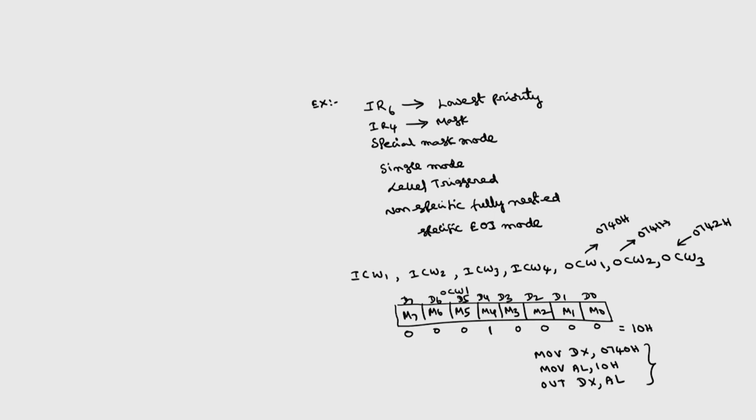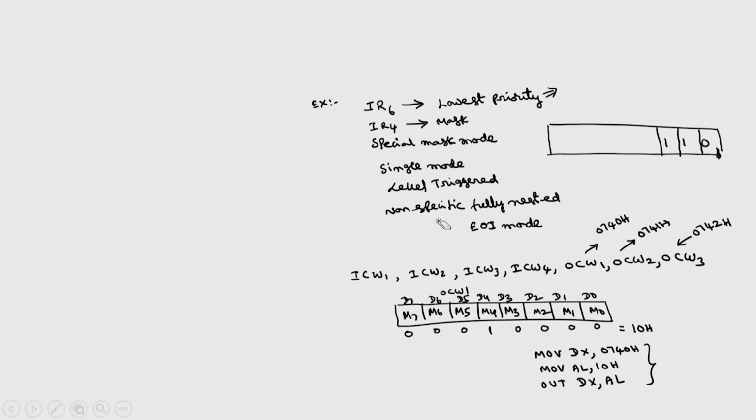So similarly we can form OCW2. If I form OCW2 here, I want to assign lowest priority to IR6. So these L2, L1, L0 bits will be 6, meaning 110. Then corresponding to this is non-specific EOI mode, fully nested.